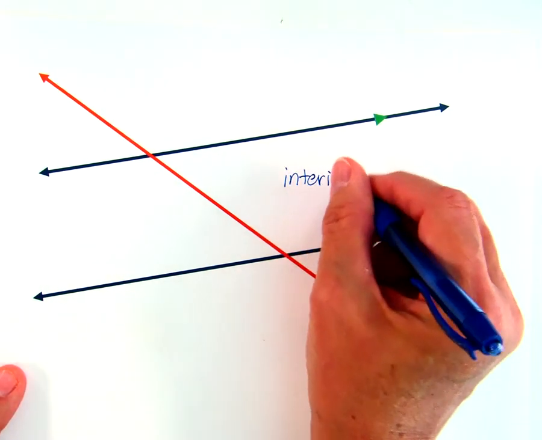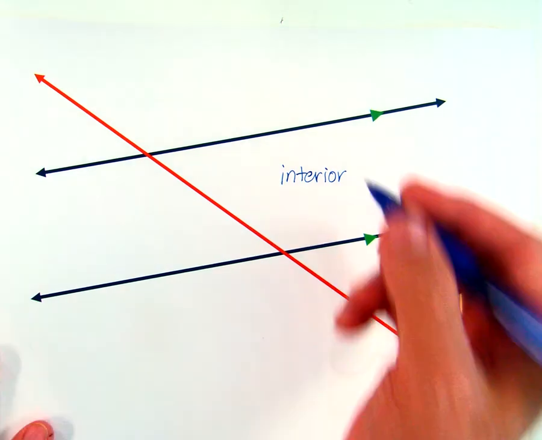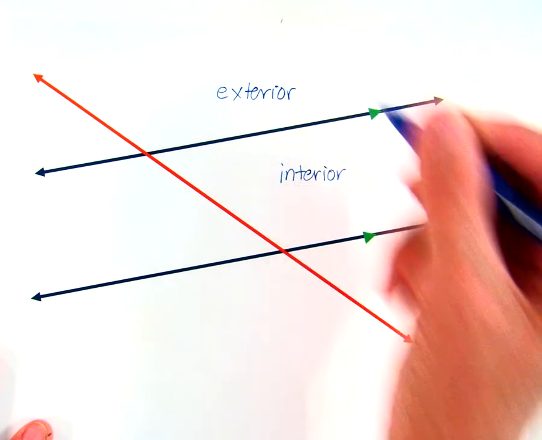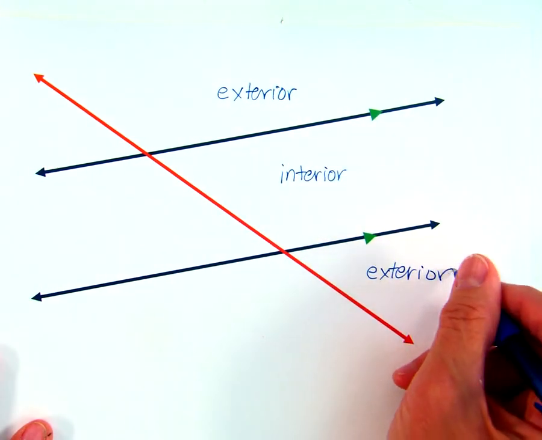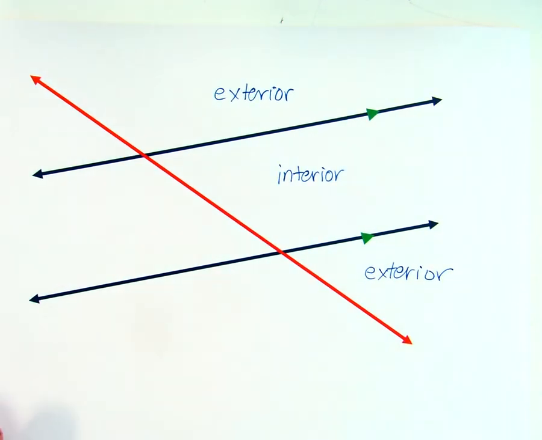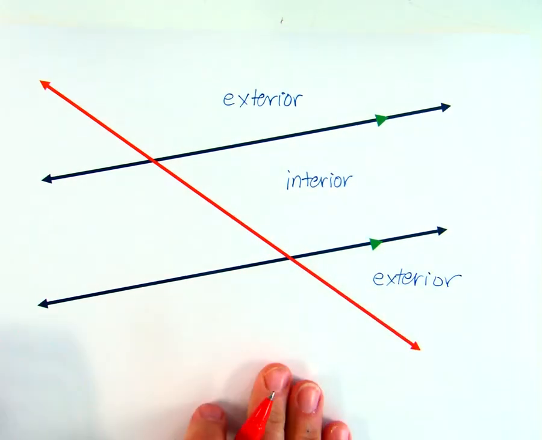So one way we will describe the angles on these lines is that they are interior angles between the two parallel lines. Now, it may be obvious, but the ones that are not interior are exterior, whether above or below. Please make sure you mark in your cipher what we're doing. So, interior, exterior has to do with between or not between the two parallel lines.